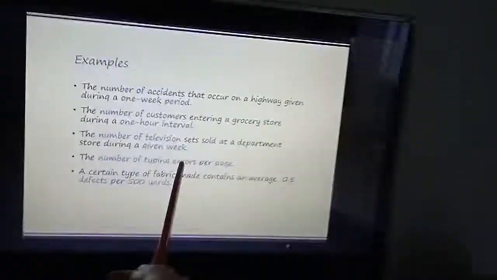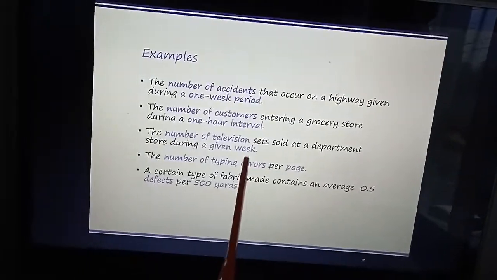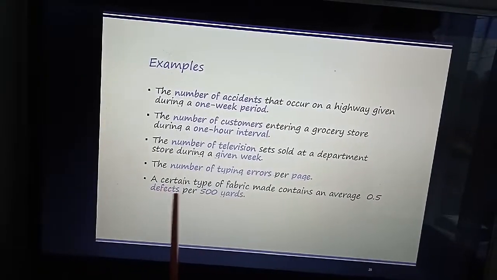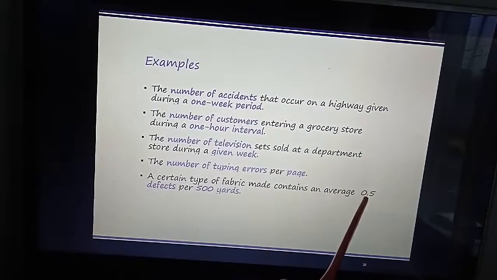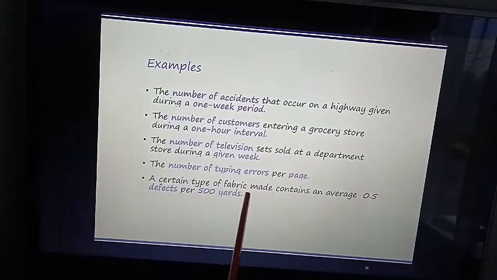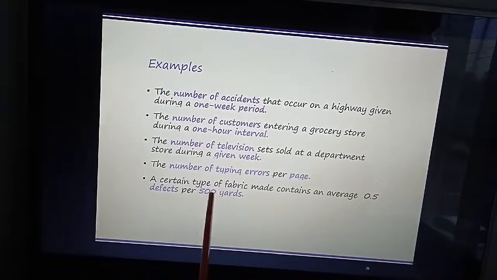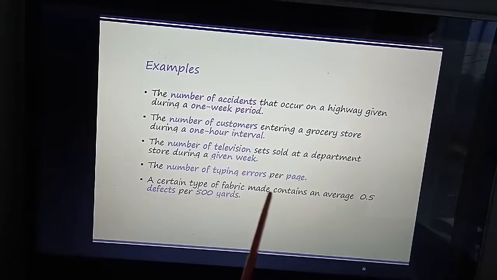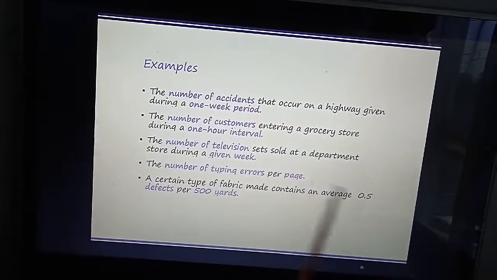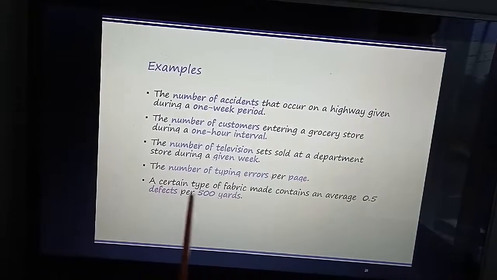This is also Poisson probability distribution. Last one, a certain type of fabric contains an average of 0.5 defects per 100 yards. 100 yards is an interval, and the number of defects is the random variable.